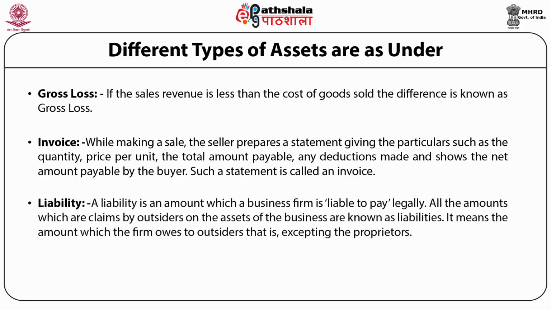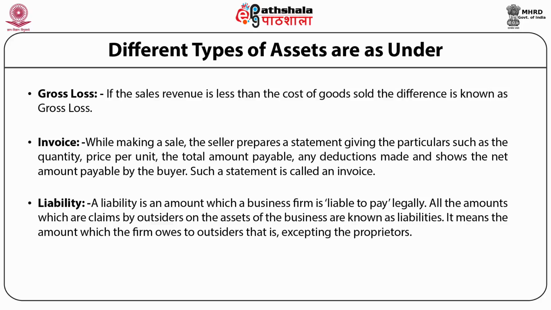Liability. A liability is an amount which a business firm is liable to pay legally. All the amounts which are claims by outsiders on the assets of the business are known as liabilities.